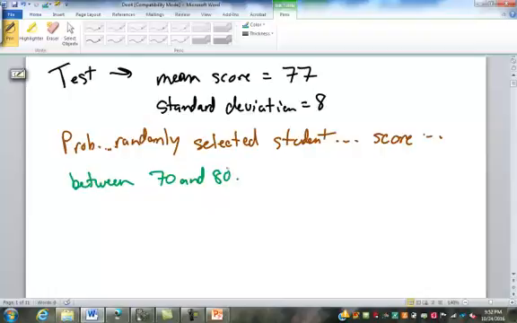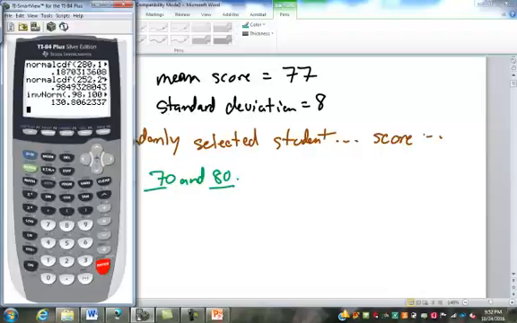So we're going to focus on the calculator here. We've got a lower limit of 70, upper limit of 80. So going to the calculator, second distribution, normal CDF, lower limit of 70, upper limit of 80, comma. Our mean is 77. Standard deviation is 8. Hit enter.